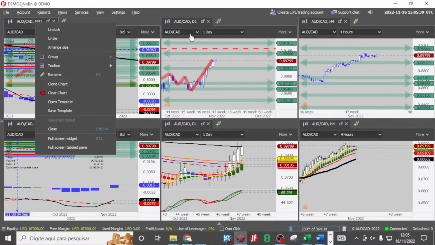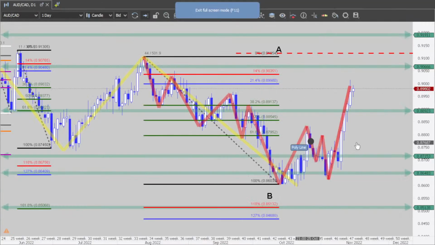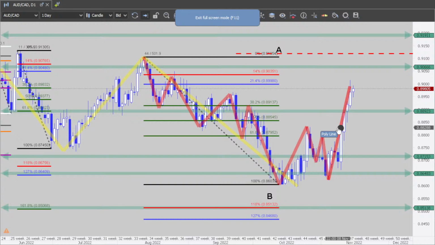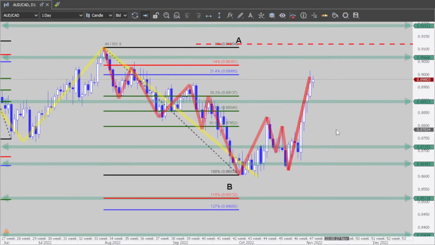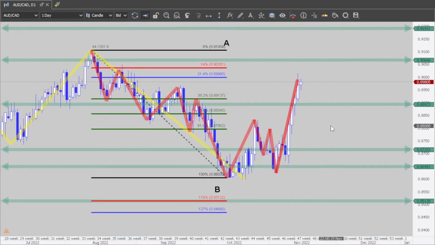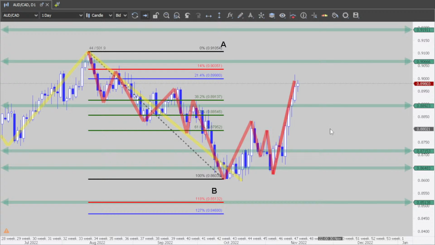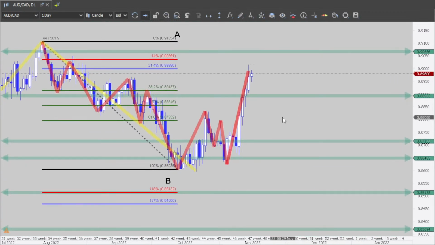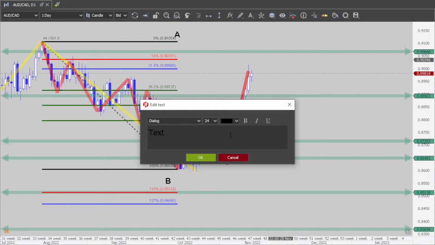So far, AUD CAD, this is the chart, everybody. The daily chart is the intermediate chart compared to the monthly, weekly, and the 2 hour, 1 hour, 4 hour charts. Remember, we have 2 questions to ask every day.